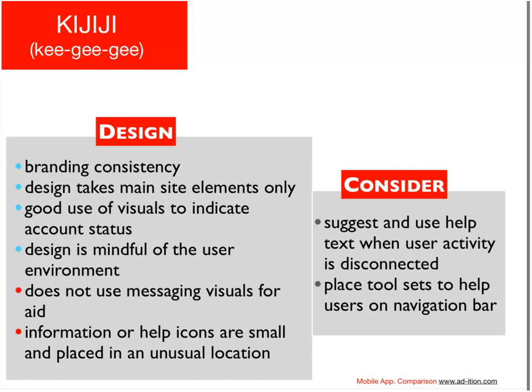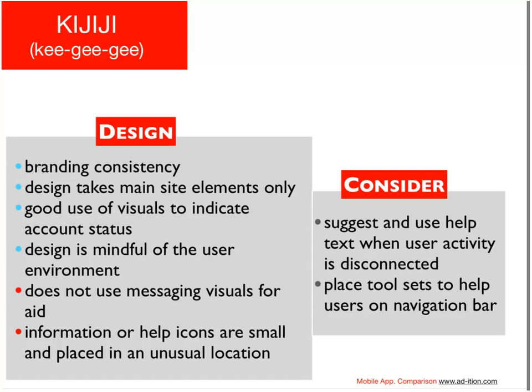The other thing with this particular property is that their help text, which oftentimes I'll need if it's my first time using your mobile application, their help icon is hard to find, and instead of it being on the toolbar at the bottom, they've got it up at the top of the site.